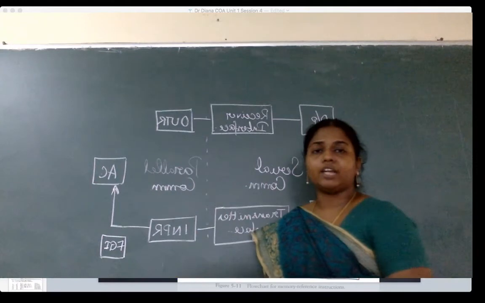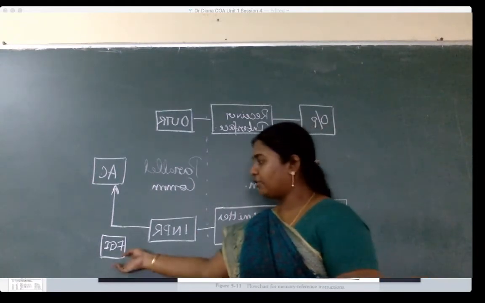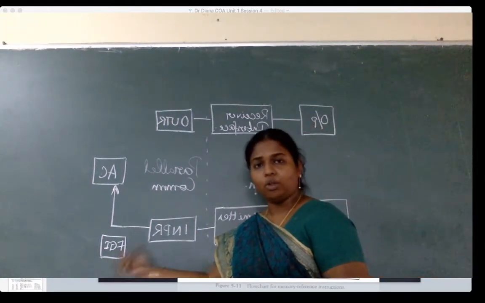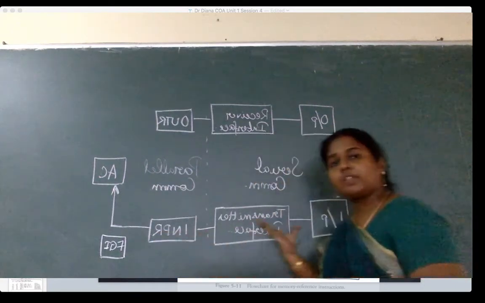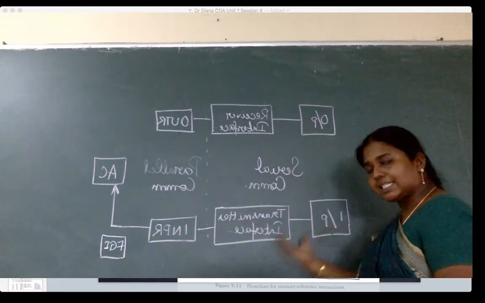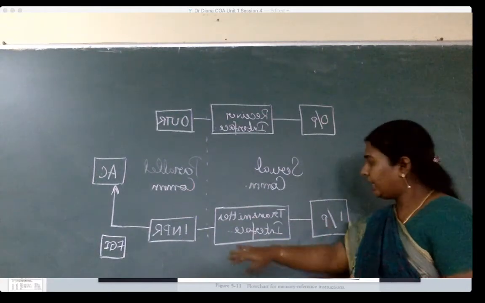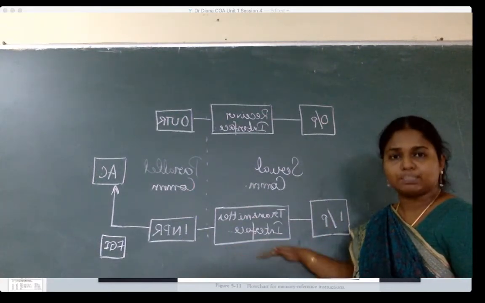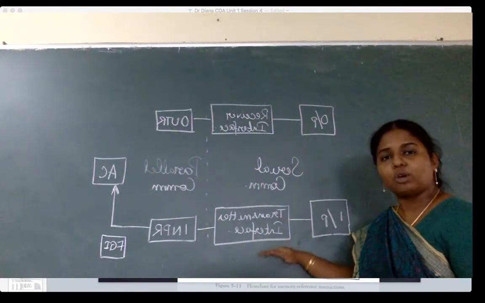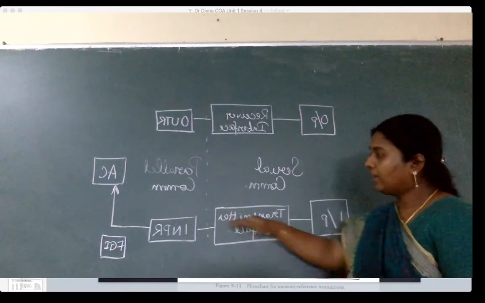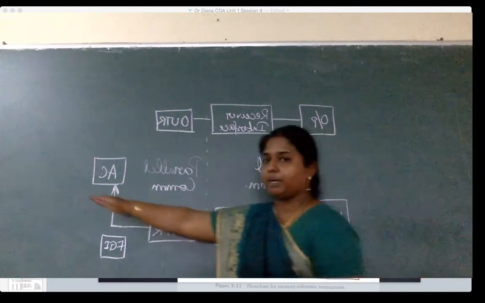In that scenario, until the FGI becomes 0, the input register content will not be changed. Even if the input device is receiving some other input, the interface will hold it in its buffer, which is a temporary storage. The buffer will store that data until this input is taken by the accumulator.